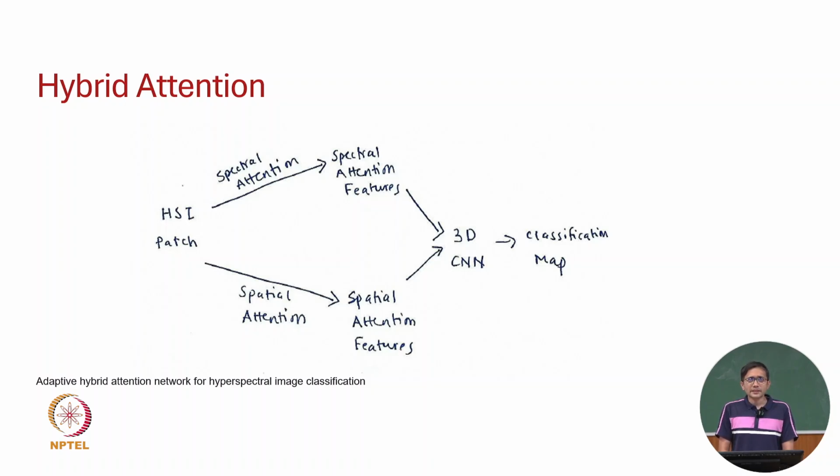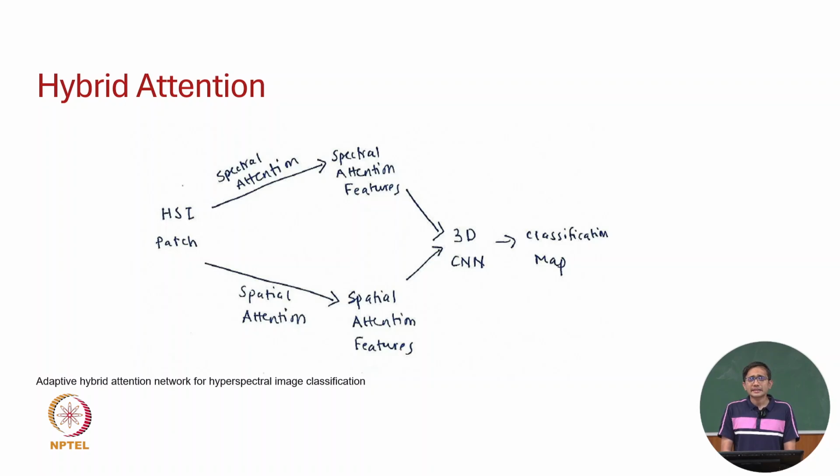So this particular architecture that we are discussing in this slide is inspired from the paper that is listed below. However, of course, we could have also varied the architecture a bit and come up with a different version of the architecture.